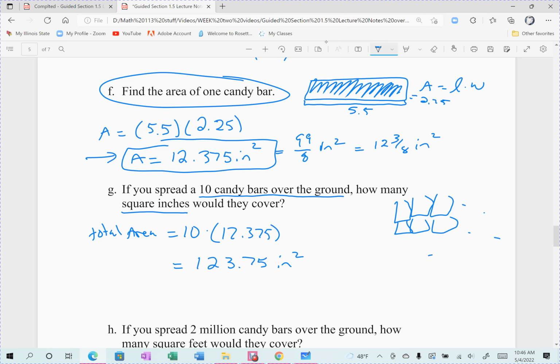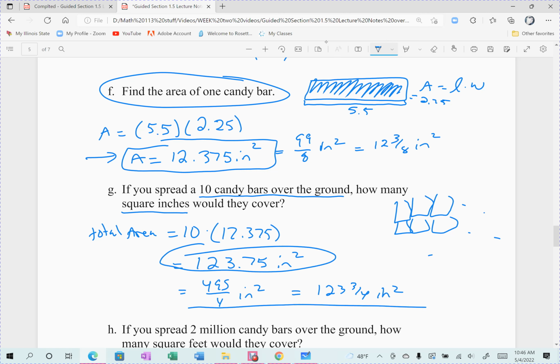If you want to write it as a fraction, this would be 495 over 4 inches squared, or the mixed fraction, 123 and 3/4. All those are the same, and I would prefer this one, but any of those would work. Just make sure you're careful: if they say round to this many decimal places or put it in fraction form, make sure you do that. Follow the directions.